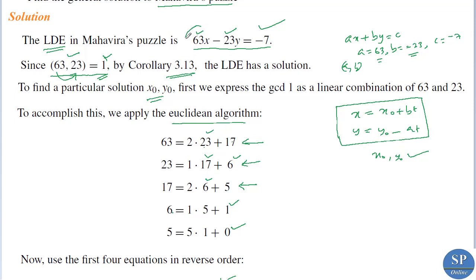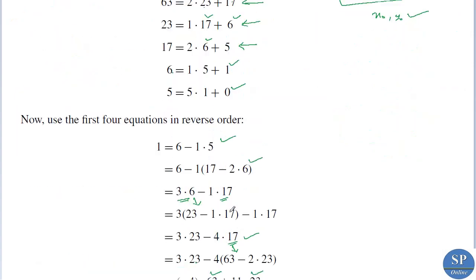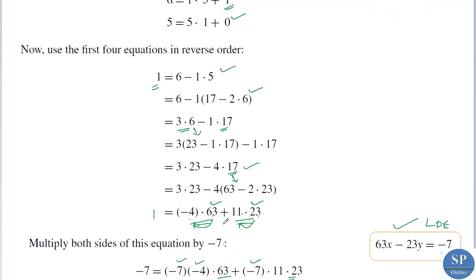For that we use the Euclidean algorithm and apply it in reverse order, and we get the GCD expressed as a linear combination of 63 and minus 23.